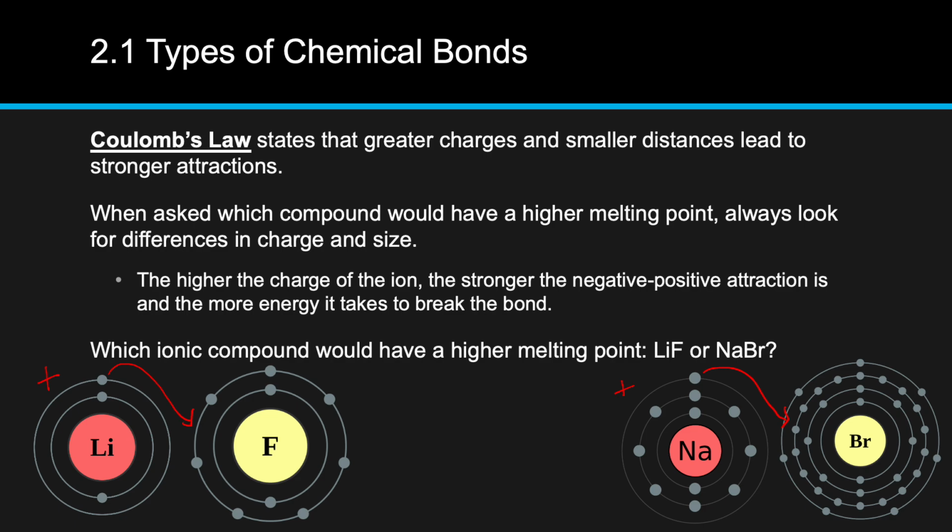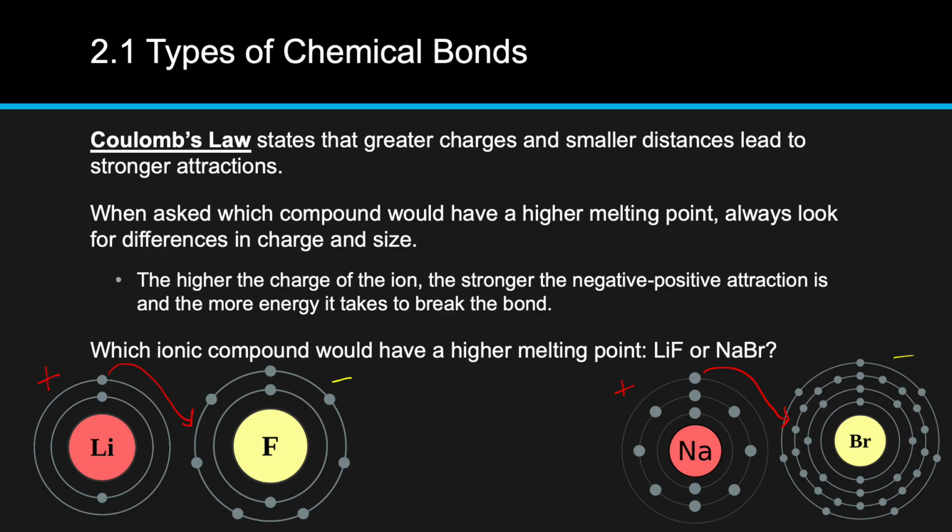Now looking at fluorine. Fluorine has 7 valence electrons. It's going to accept that 1 valence electron from lithium and now have a negative 1 charge. And same with bromine. Bromine has 7 valence electrons. It's going to accept that 1 valence electron from sodium and now have a negative 1 charge.